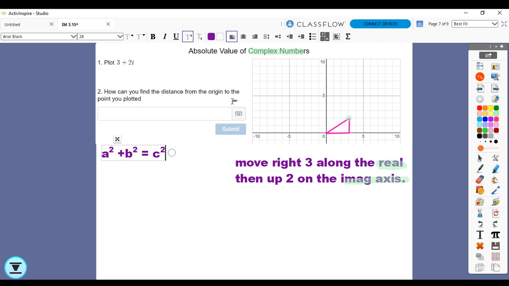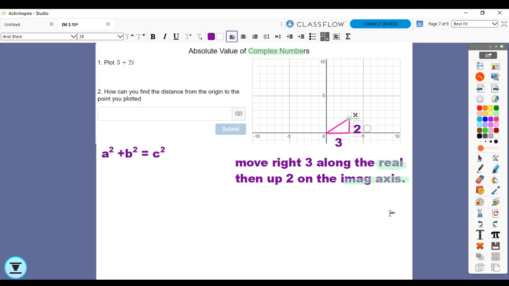The Pythagorean theorem tells us that a squared plus b squared equals c squared. So we can use this because in our picture over here, this distance a is 3. This distance here, b, is 2.